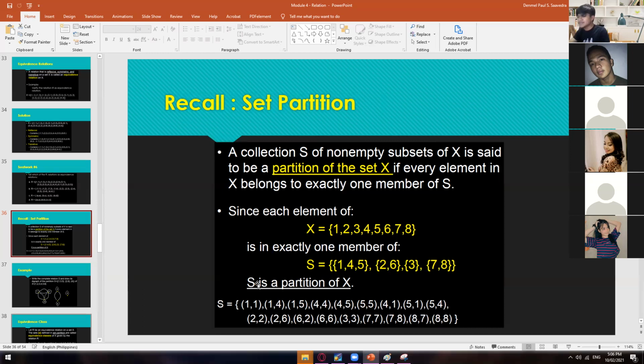S is a partition of X, since if you form the Cartesian product on each of those sets, 1,1, 1,4, 1,5, 4,1, 4,4, 4,5, 5,1, 5,4, 5,5, you will get the classes {1,4,5} and then {2,6}, and then {3}, and then {7,8}.